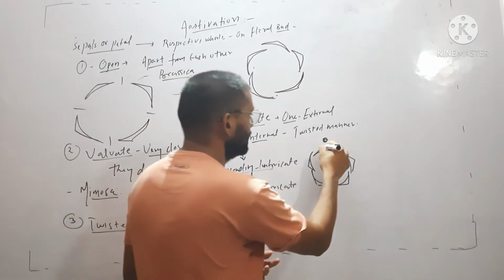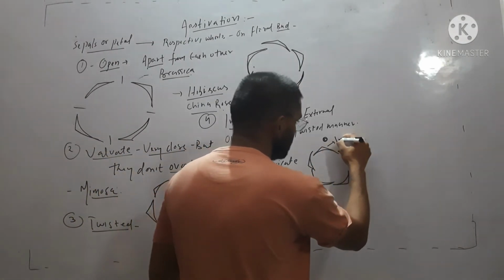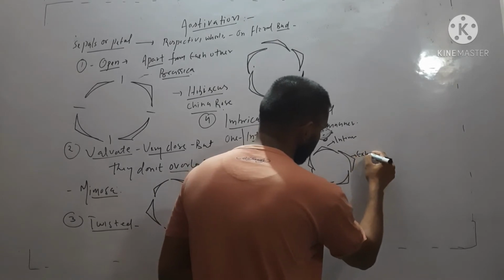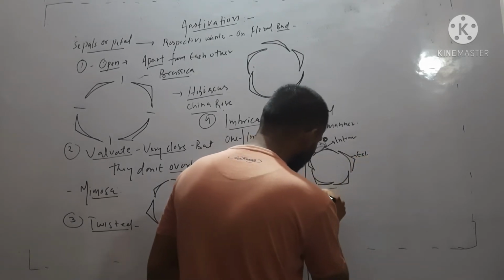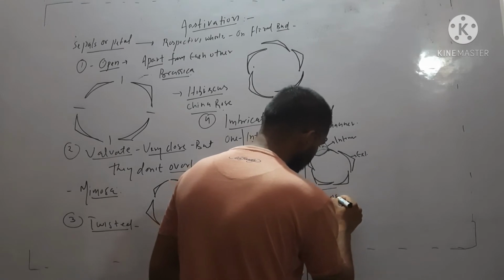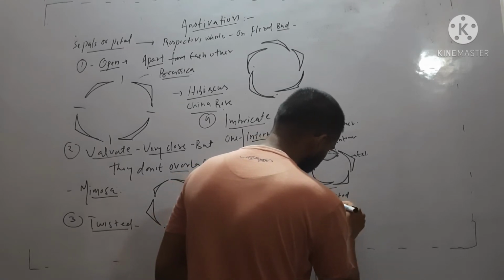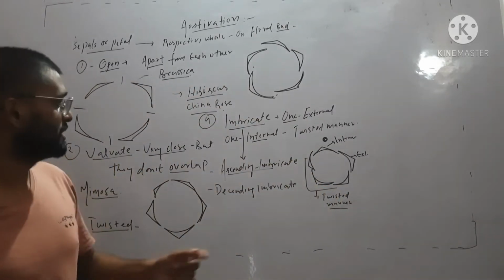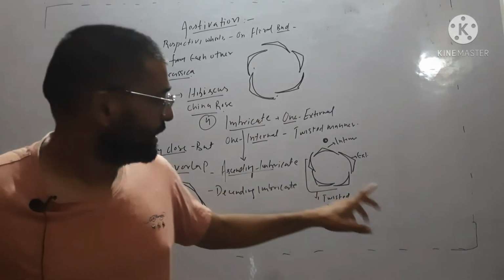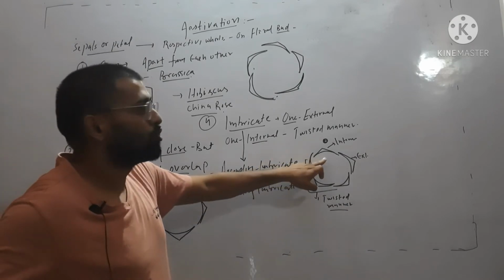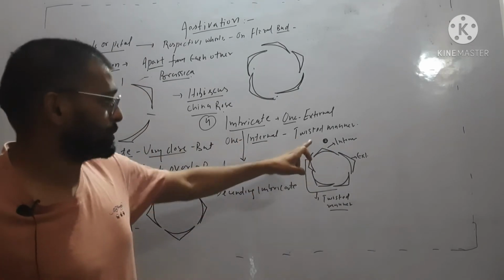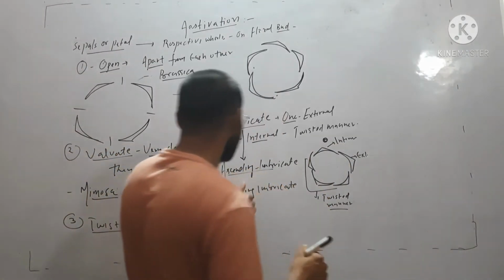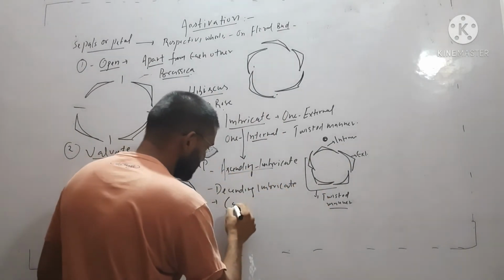So this petal that is towards the mother axis is internal and another one is external. Remaining three are in a twisted manner. This type of estivation is called ascending imbricate. This type of estivation is found in Cassia.